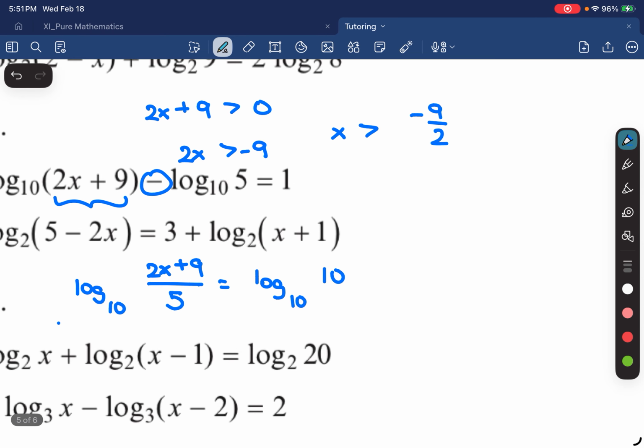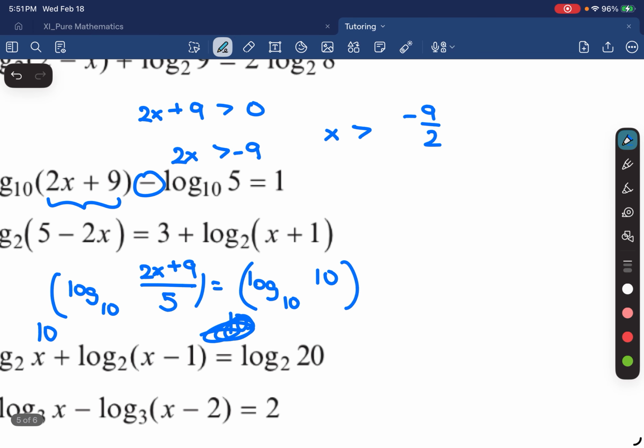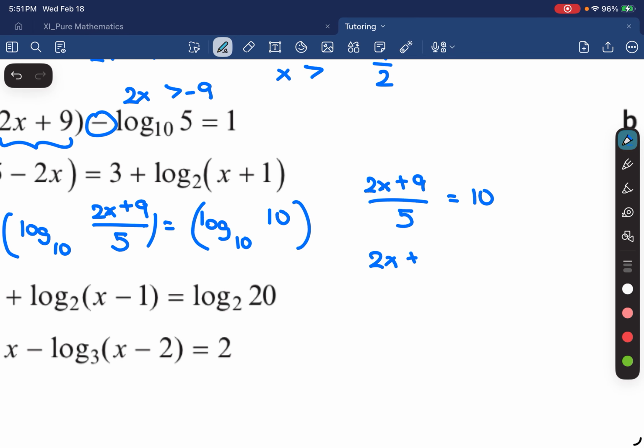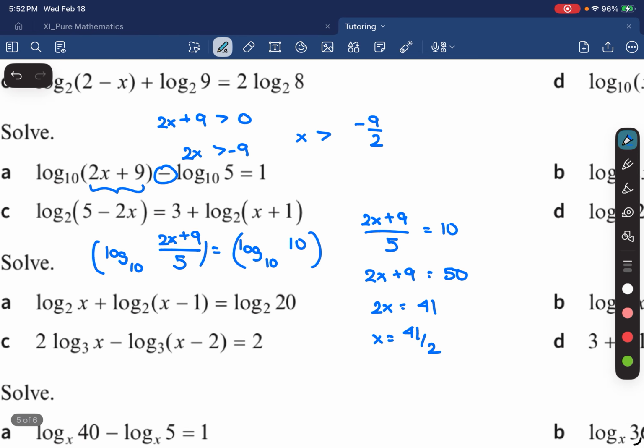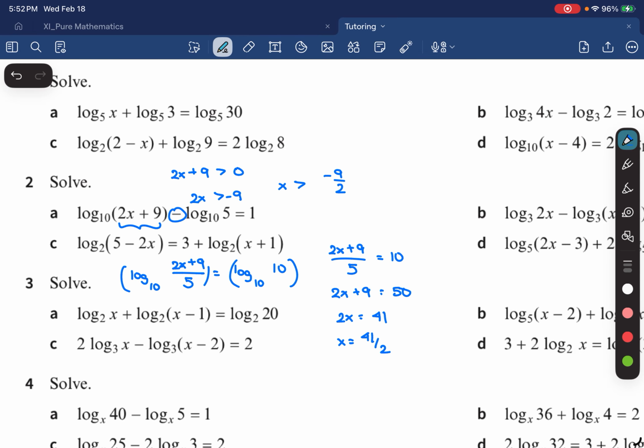If my base is 10 and these are my exponents, because they're equal, I can deduce that 2x plus 9 divided by 5 is 10. 2x plus 9 is 50. 2x is equal to 41, and x is 41 by 2. Let me just cross-check my answers: 41 by 2 is greater than negative 4.5. So that is your answer.